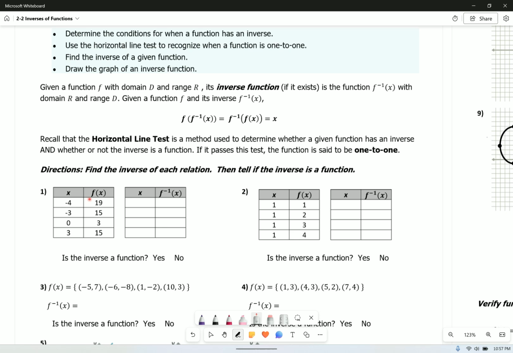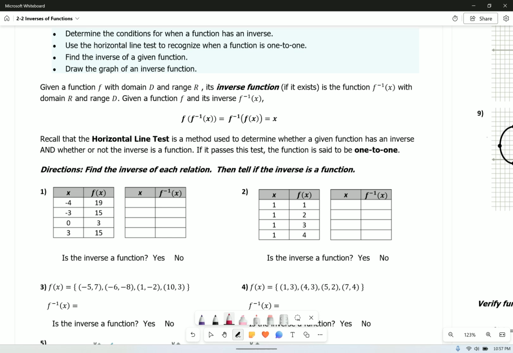So what I want you to understand about inverses is if I asked you to find the inverse of this given function f of x, you are merely going to need to interchange the x's and the y's. You are only going to swap these values.